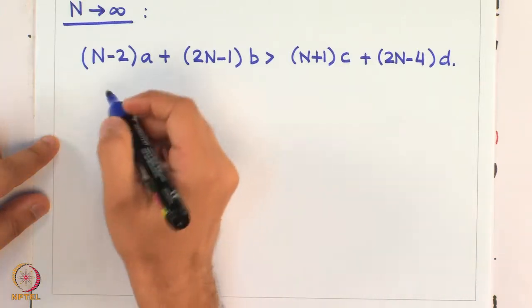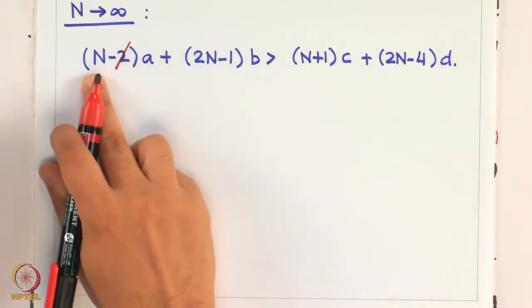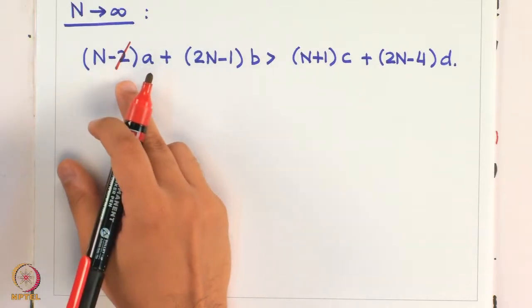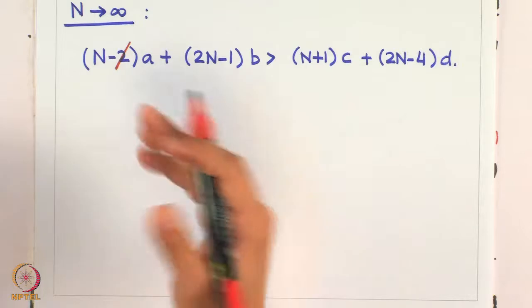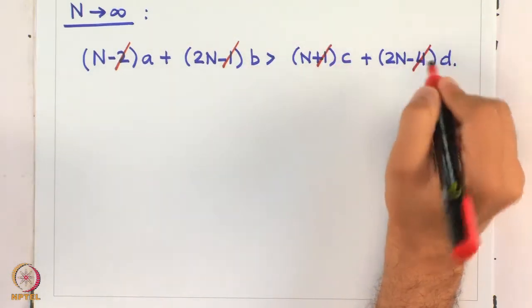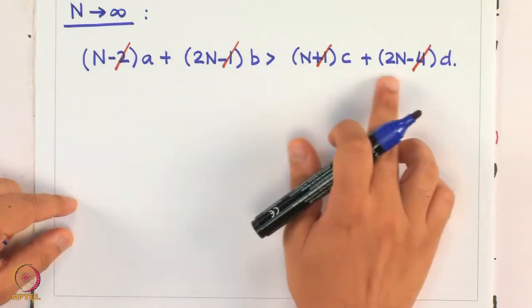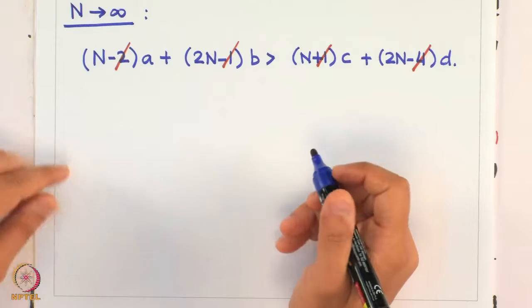Then we are simply going to drop the constant terms, because as compared to N, 2 is very small. So N minus 2 is effectively just equal to N, and we drop all these terms, because compared to the terms which have N in them, they are very small.